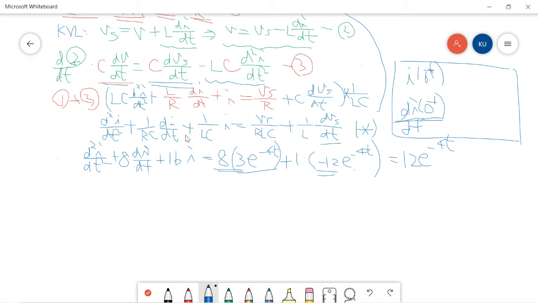So try to solve this. We'll try to get the form of the solution first.